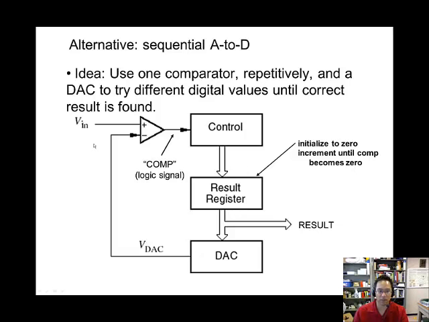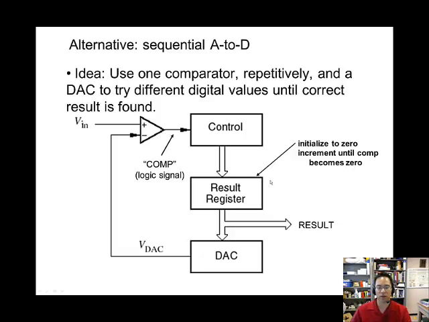The alternative is to use a sequential approach where you have an op amp here, we look at the output, and we feed back some reference voltage. This will take many passes before we settle on what the analog signal should be. This could also be used, but not very many people use it.